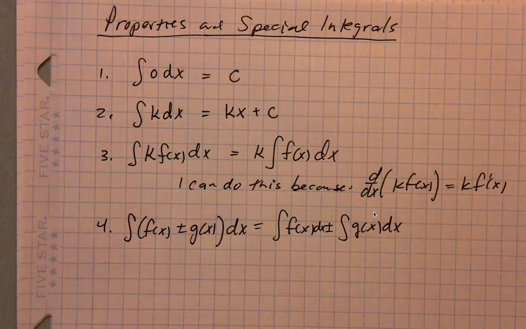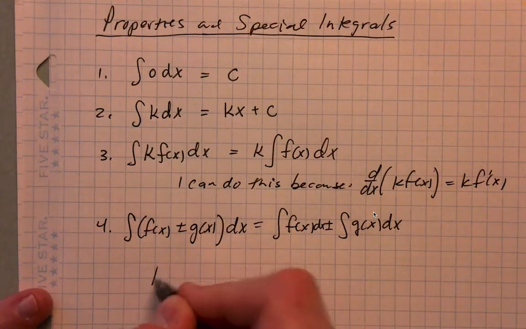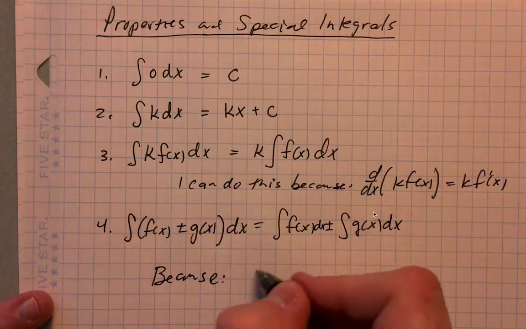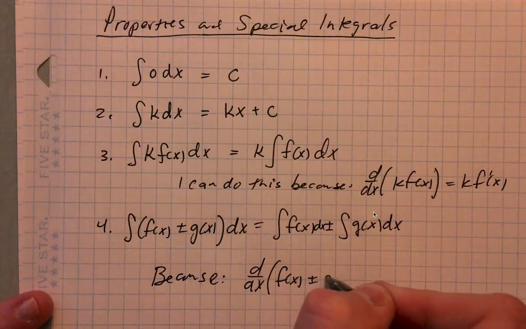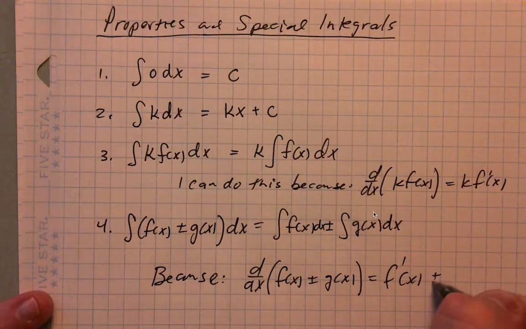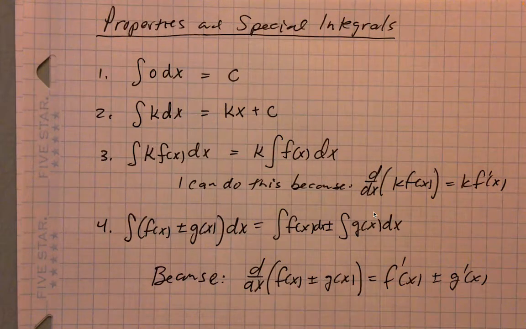Okay, so this is a property that is true for derivatives, and so, integration and differentiation being inverse operations, integrals kind of inherit this from them. And this is because d dx of f of x plus or minus g of x is just f prime of x plus or minus g prime of x. So we get it from there. That's where that comes from.